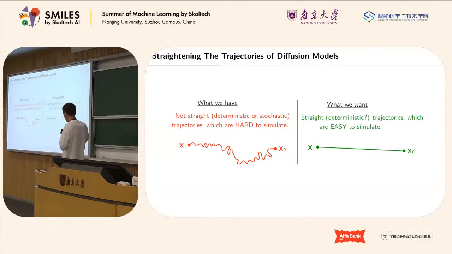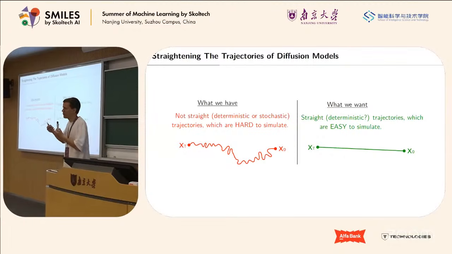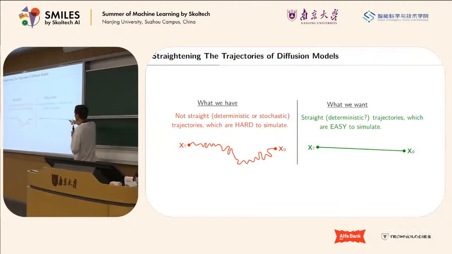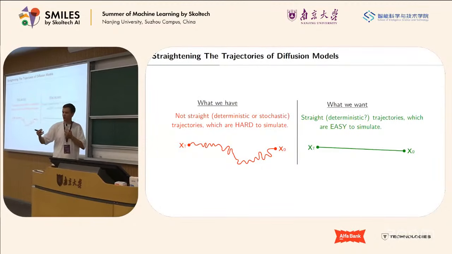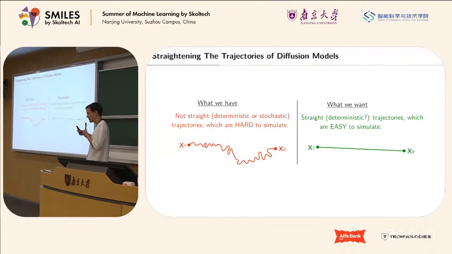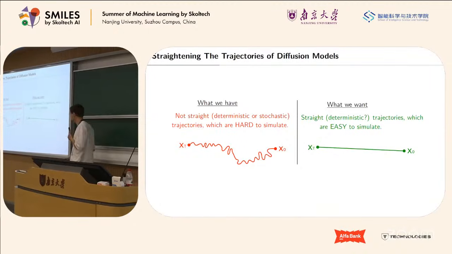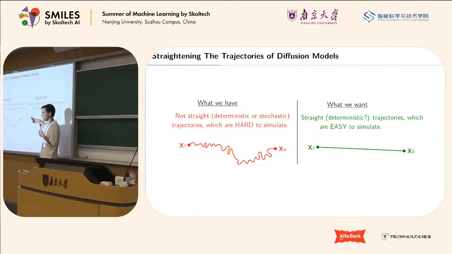So people started asking the following question: can we design such diffusion models, or maybe some other type of models, in which these trajectories of generation will be straight? Why is this useful? Why is this reasonable? Because if you know that the trajectory of your model which you need to generate is straight, then you can model this trajectory in just one step.